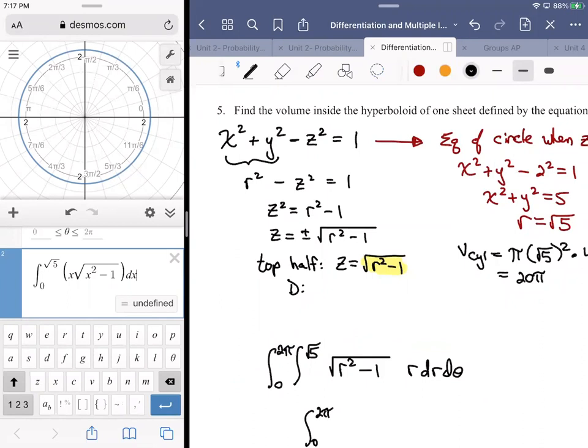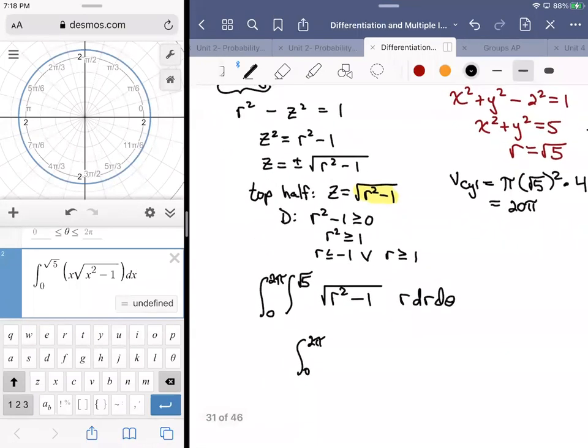All right, so r squared minus 1 has to be greater than or equal to 0, which means r squared has to be greater than or equal to 1. Take the square root of both sides. Yeah, we get some negatives in there, but it tells us that r has to be less than or equal to -1, which I don't care about, or r has to be greater than or equal to +1. Okay, so that makes the lower bound here the +1.